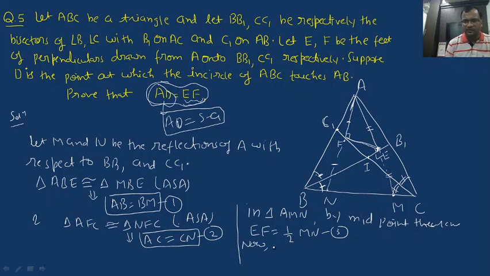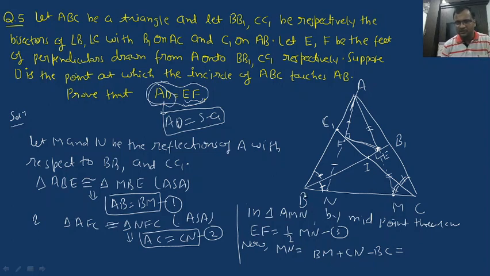So what we can do, we can write MN as BM plus CN minus BC. You can check this one.